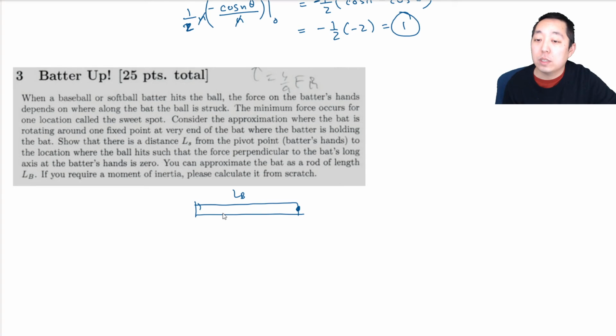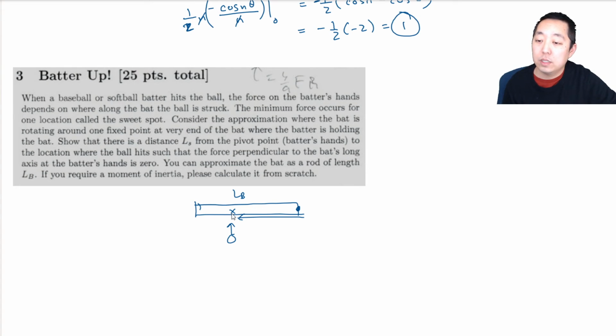Let's see. The minimum force. What we don't know is the location along the bat where the ball is being hit. Okay, this is a torque, circular motion question. There's a sweet spot where a force is being applied.